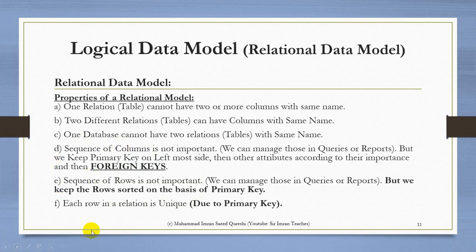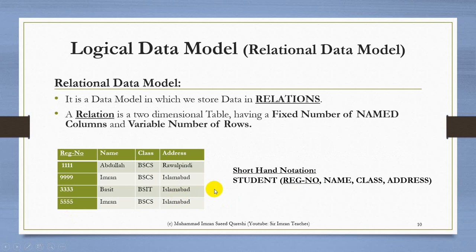So sequence of rows is not important. Again, we can manage those in queries, but we keep the rows sorted on the basis of primary key. So if these are the attributes, it is not important that it must be sorted on the primary key or on the name or on the class or on the address.